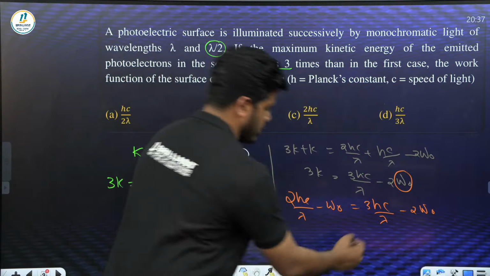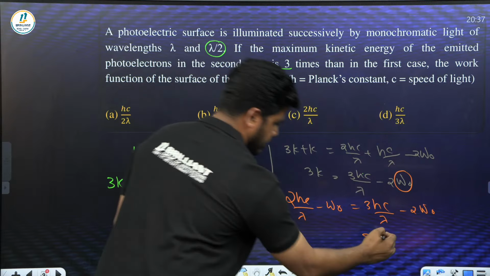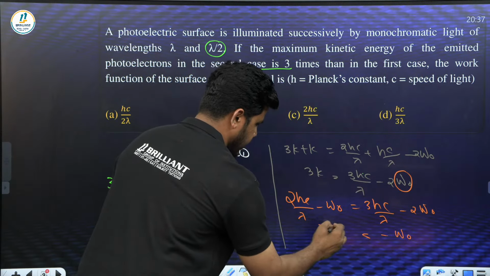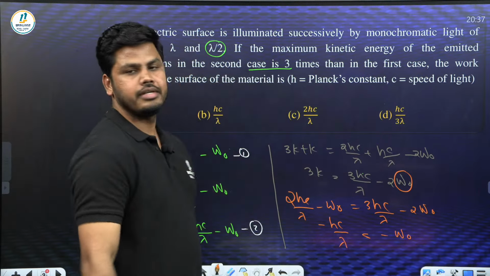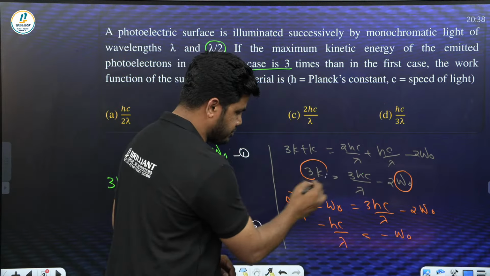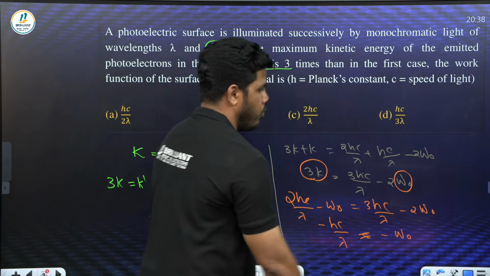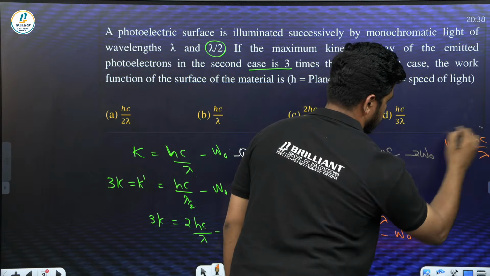If you take this to the other side, we get minus work function is equal to minus hc by lambda, right? We just substituted the value of 3K here, and when we cancel those minus signs we get the work function W naught is equal to hc by lambda, right?